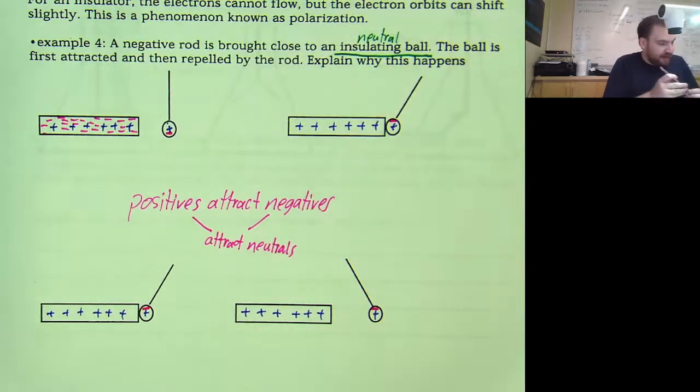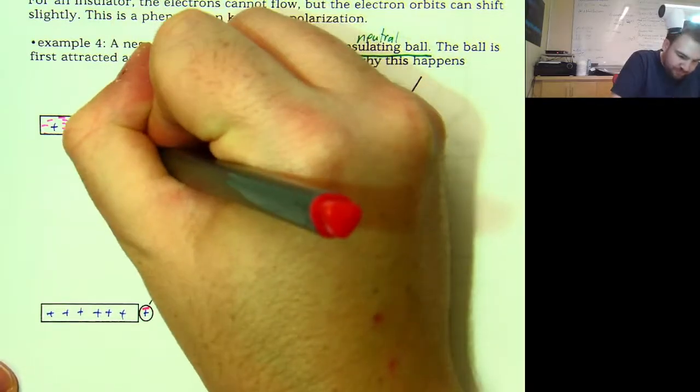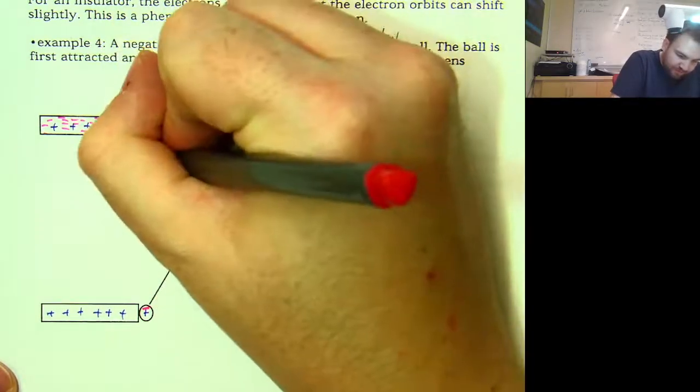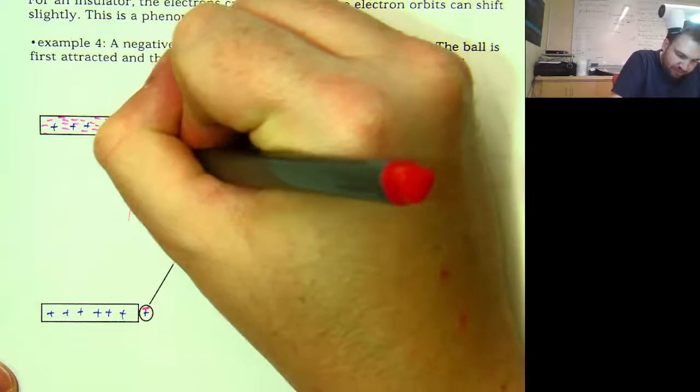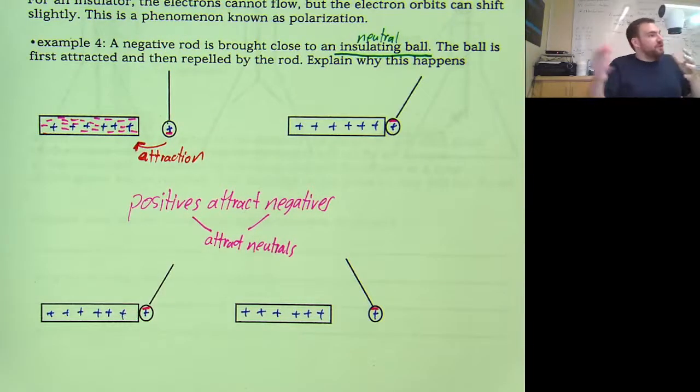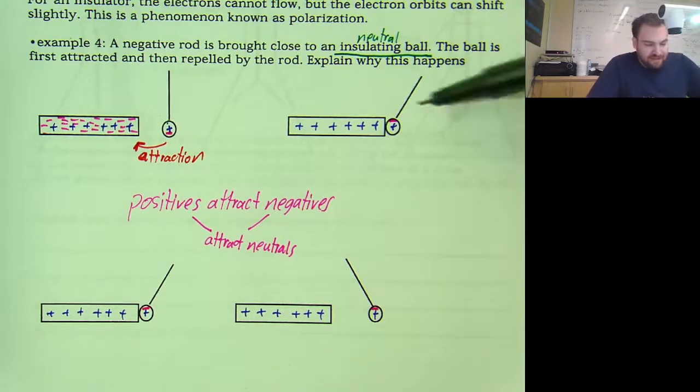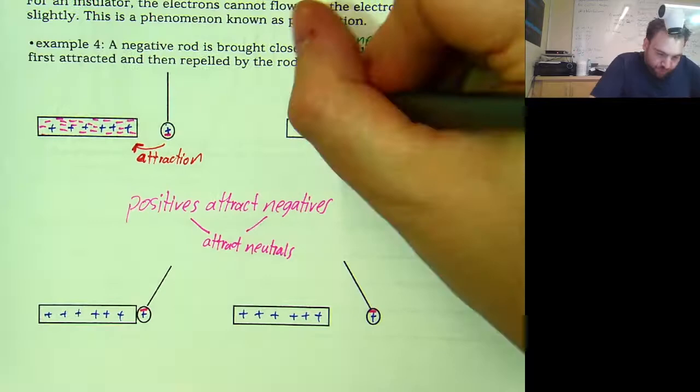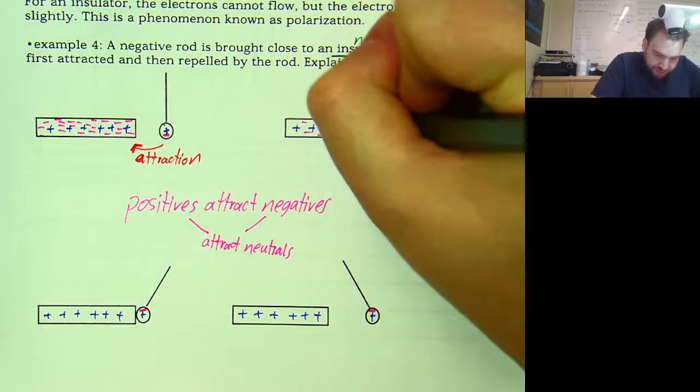So I've got this guy here. There is going to be an attractive electric force of attraction here. So what's going to happen? That little ball is going to swing towards it, as this ball swings towards this very negatively charged object.